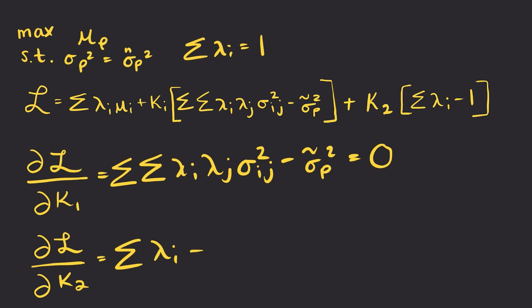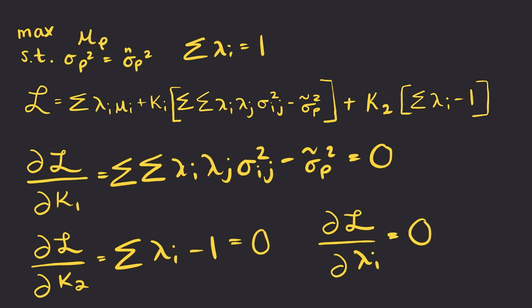So the constraints will indeed be satisfied at the optimum. And we're going to have dL/dlambda i equal to 0 for each of these portfolio weights. That expression is a little bit more complicated. We're not going to deal with that right now.